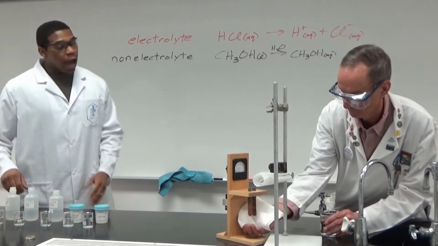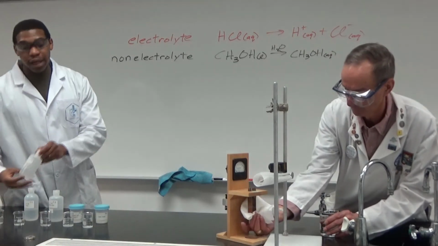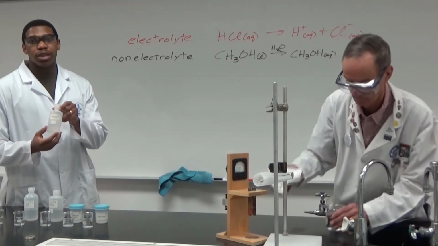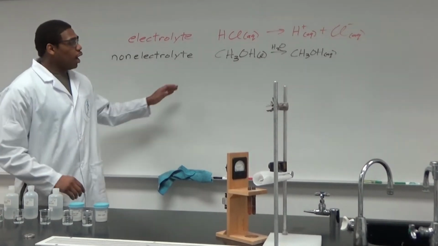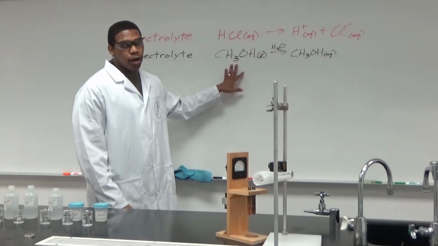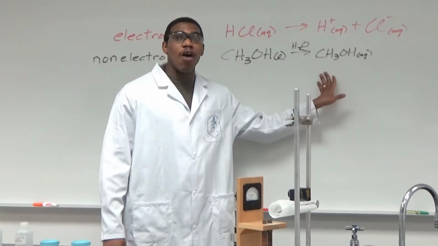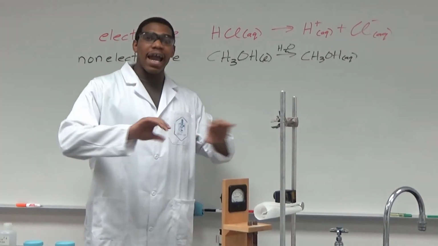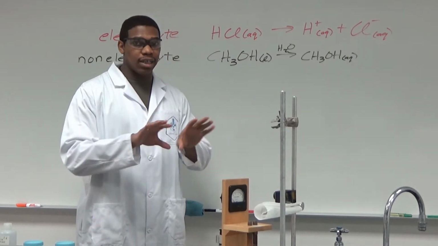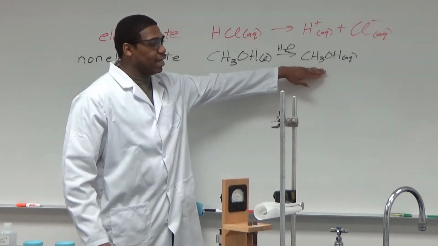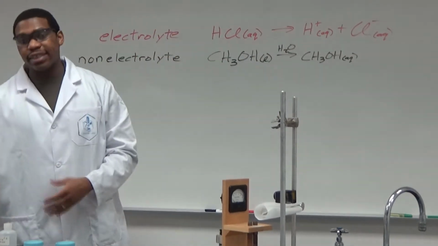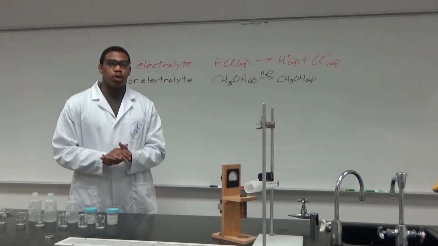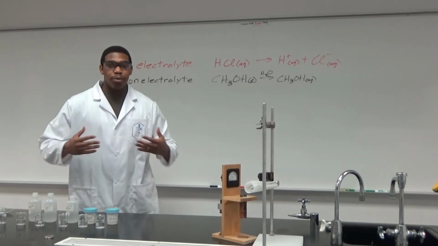All right, now we can start talking about a different solution called methanol. Methanol is very polar, but what's unique about methanol is that when you dissolve it in water, it does not ionize, it does not dissociate into different ions, and maintains itself as a molecule. Because of that, it cannot generate movement of ions.